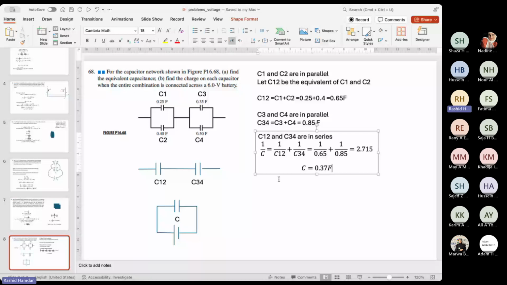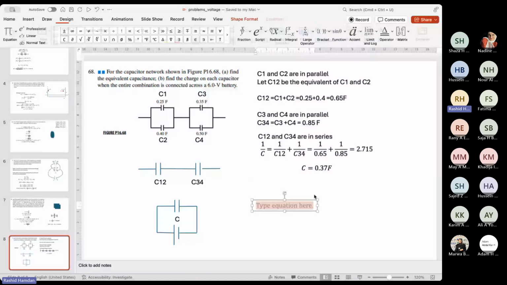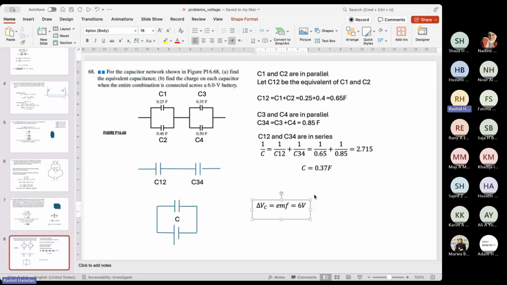Okay, so let's say the delta V on the capacitor, the equivalent capacitor, delta V on the capacitor C is equal to the EMF of the battery, because that's what it's connected for. So it's equal to 6 volt. So I can find the charge on the equivalent capacitor.